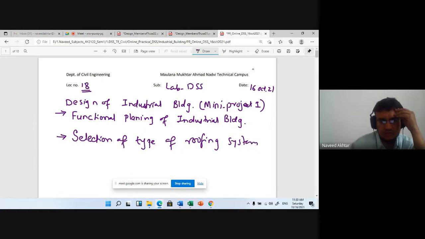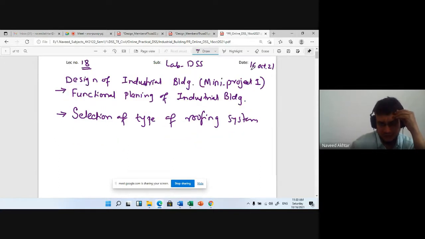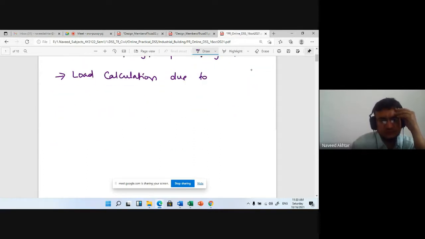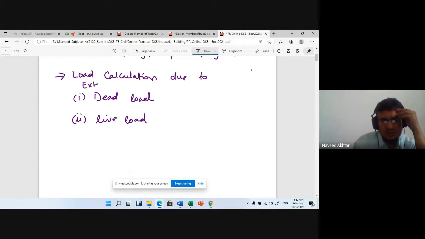Okay, and then we have done the load calculations due to dead load, due to live load. This is external load calculation.